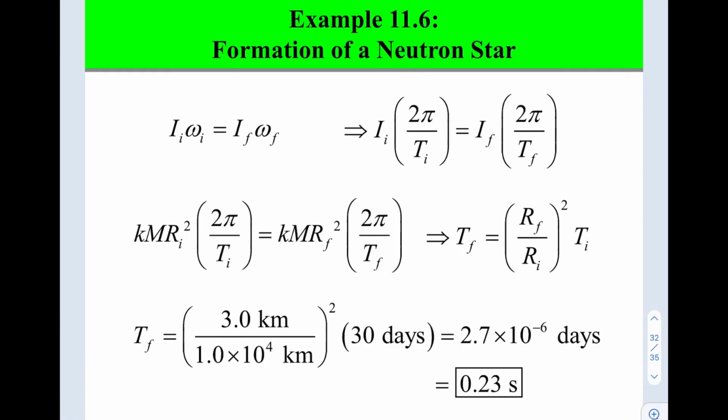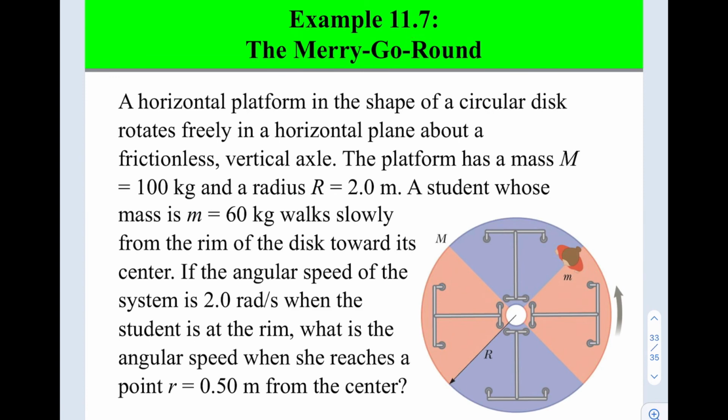For the shape of the neutron star, let's keep it general as a constant k. So k m r initial squared is with the omega initial, and k m r final squared is with our omega final. From here we can simplify the equation, and we are left with this. Then substitute the information given to us, and you will have 2.7 times 10 to the power of negative 6 days, or in terms of seconds, it's only 0.23 second.